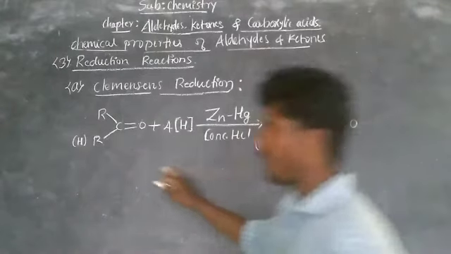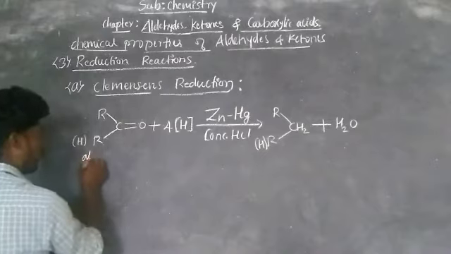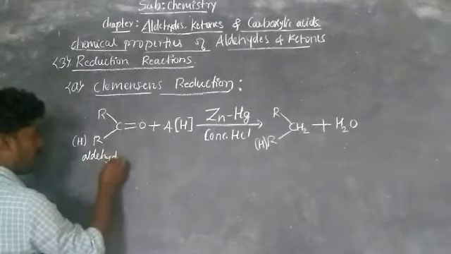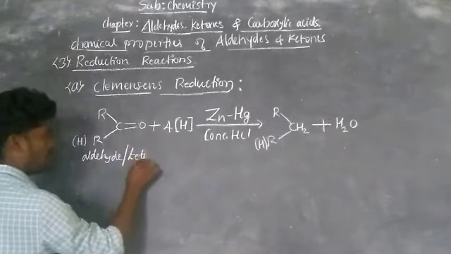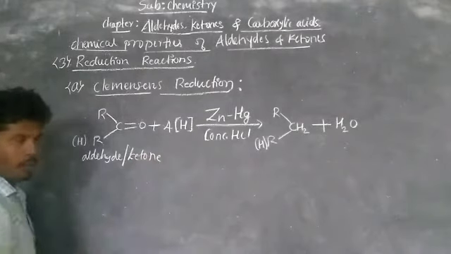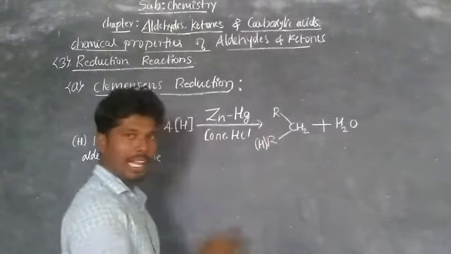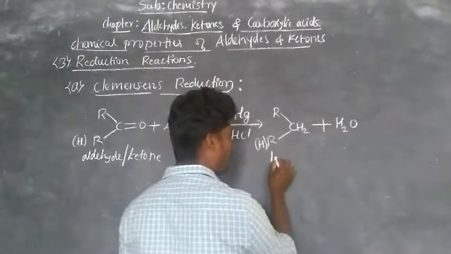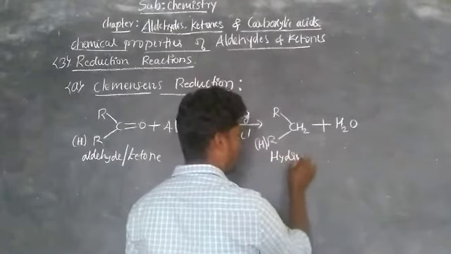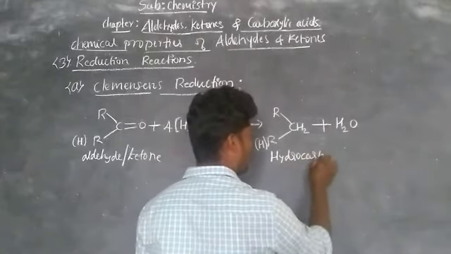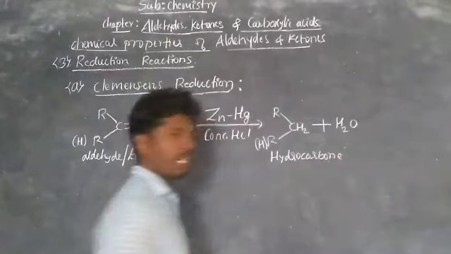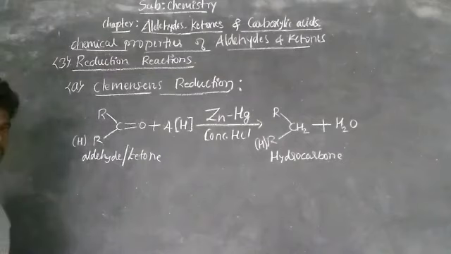So either aldehyde or ketone gives the corresponding hydrocarbon, R CH2 R, that is an alkane. Corresponding alkanes you get. So this is the general reaction.